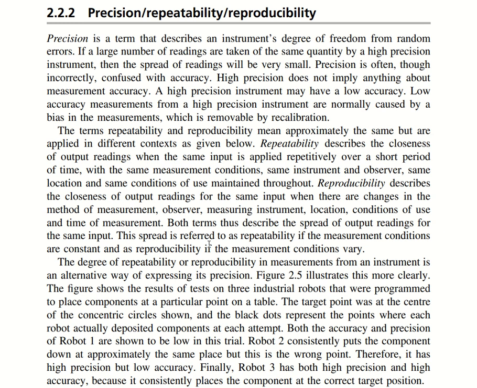So both terms describe the spread of output readings for the same input, and this spread is referred to as repeatability if measurement conditions are constant, and reproducibility if measurement conditions vary. The degree of repeatability or reproducibility in measurements from an instrument is an alternative way of expressing precision.